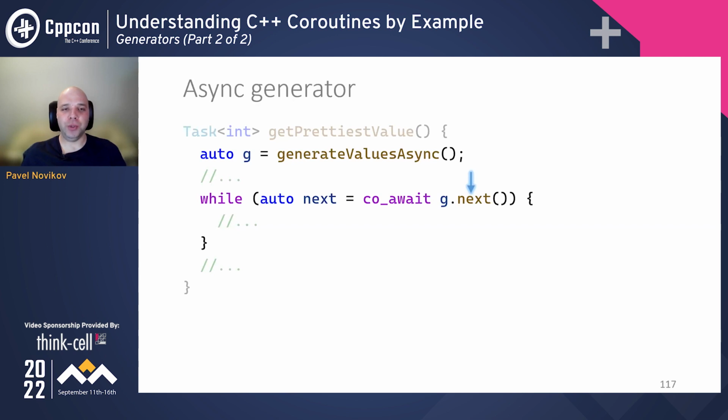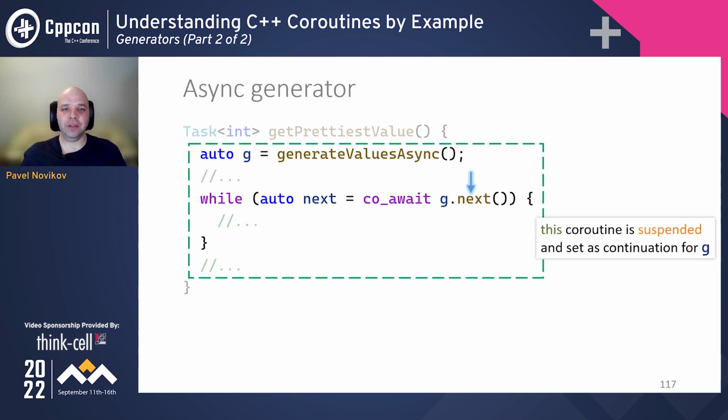And I want to illustrate this case. So let's assume that nothing stops us from getting a value from our generator. In this case, this coroutine, the one in which we co-await for the next value from the generator, will always be suspended. And the continuation for our generator will be resumed.